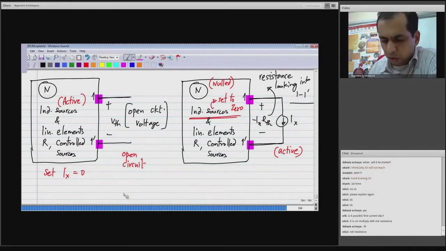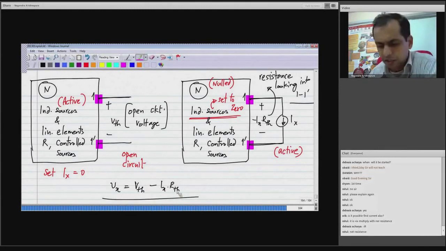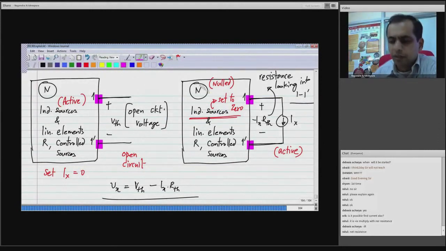So the total voltage Vx will be equal to VTH minus Ix RTH. Okay, where VTH is the open circuit voltage and RTH is the resistance looking into 1, 1 prime with all the independent sources set to 0. Okay, so this is the voltage that will be present when this network is connected to a load current of Ix. Okay.